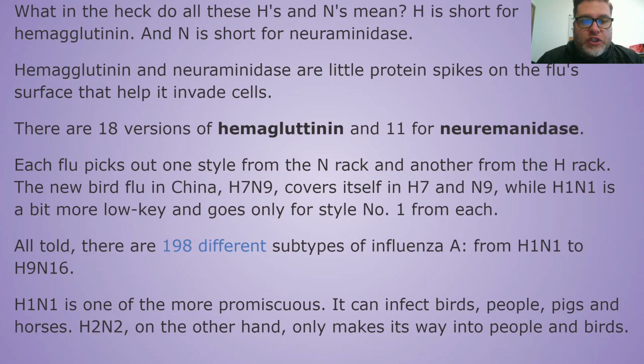The new bird flu in China is classified as H7N9. It covers itself in 7 H's and 9 N's, while H1N1 is a bit more low key and goes only for style 1 from each. All told, there are 98 different subtypes of influenza A, from H1N1 to H9N16.